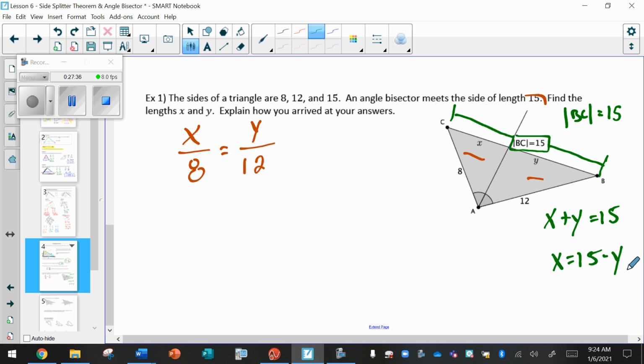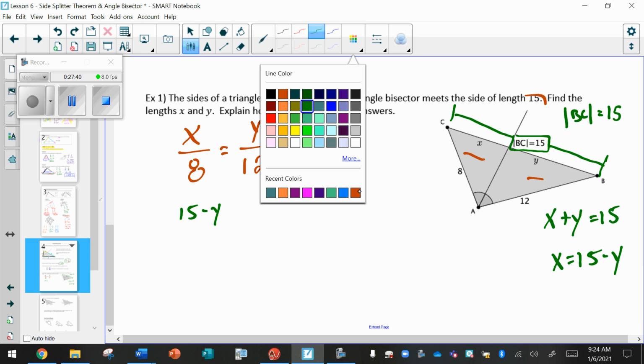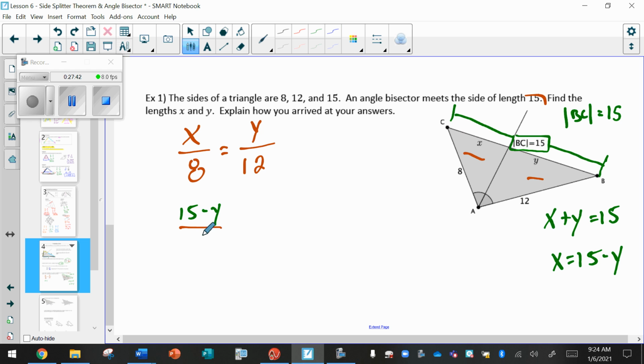We can use that in our proportion and use algebra skills to solve for y. And then once we know y, we can find x. So from here, we're going to cross multiply. You're going to distribute.